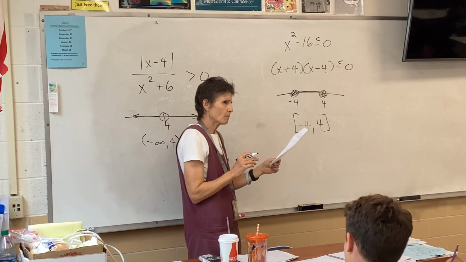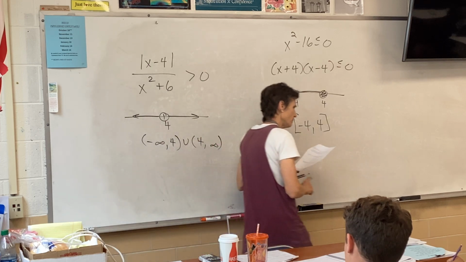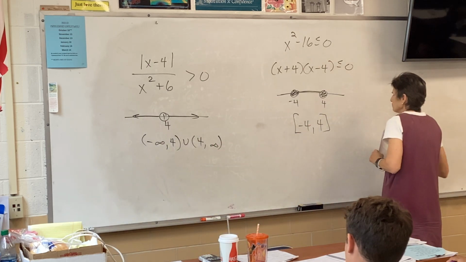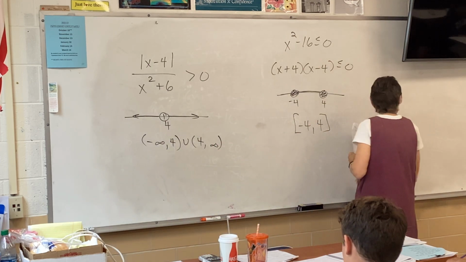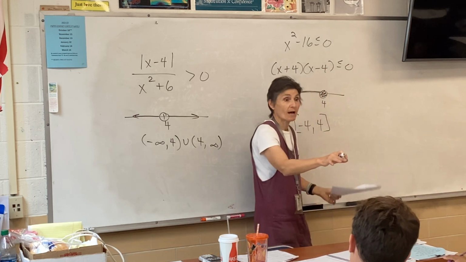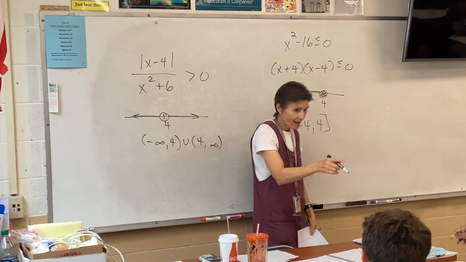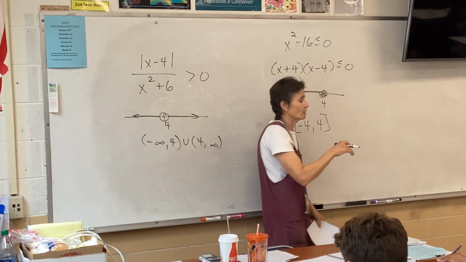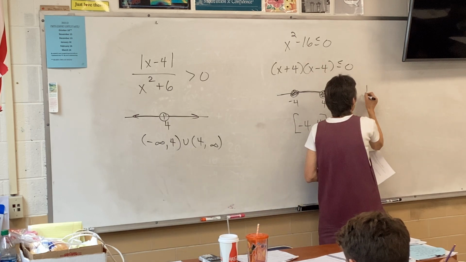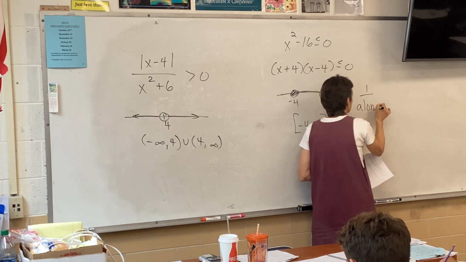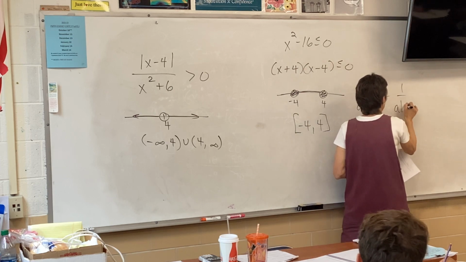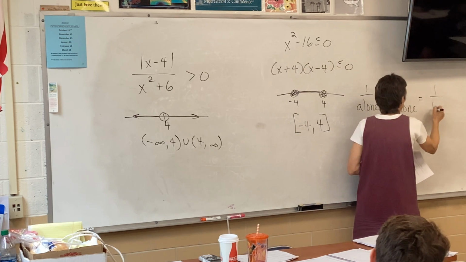I'm not sure about number 3. Have we done problems on number 3? No. Well, then we best do it. It's real easy. Yes, you've done these last year. But they are 1 over alone plus 1 over alone equals 1 over together.